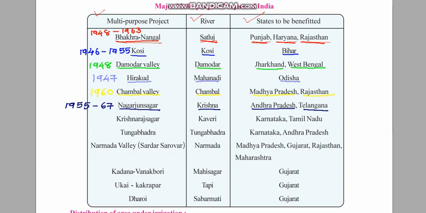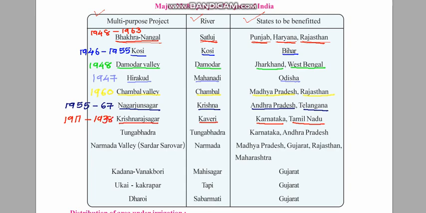The next is Krishna Sagar, which is built on the river Kaveri, and the beneficiary states are Karnataka and Tamil Nadu. It was built before independence and started in the year 1911 and got completed in the year 1938.